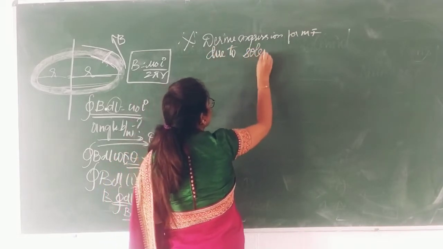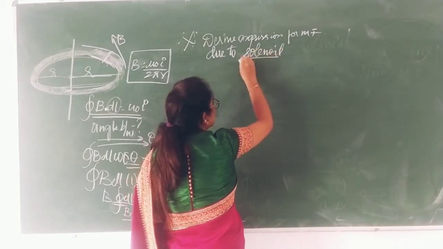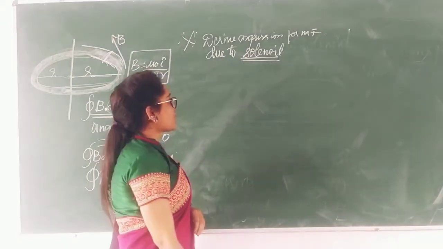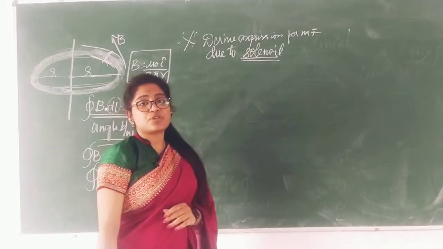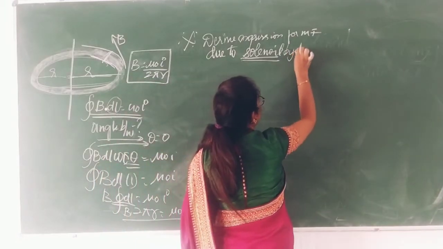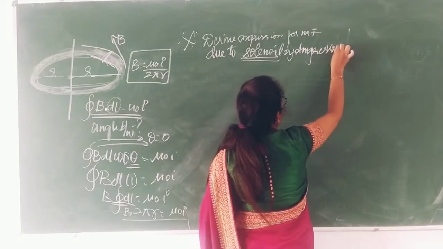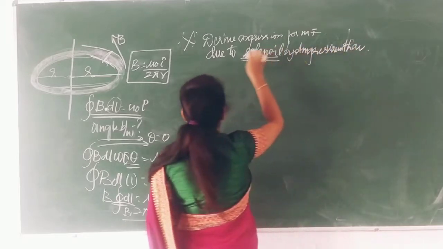You have heard this word, correct? Solenoid, you have already heard this word. I will teach you once again what this solenoid is. We need to derive an expression for the magnetic field due to a solenoid by Ampere's circuital law.